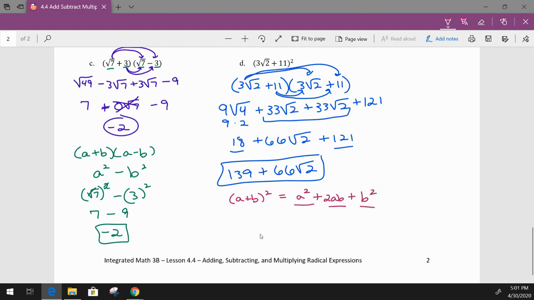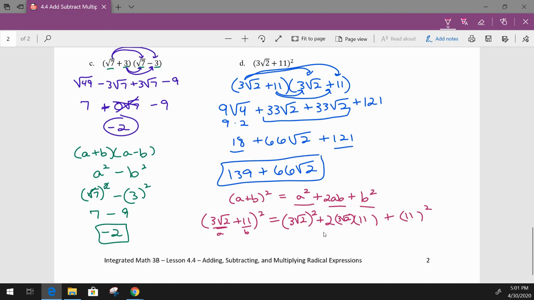So in my binomial, 3 square root of 2 plus 11 that I'm squaring, the a is basically your 3 square root of 2. So if I take that 3 square root of 2 and square it, I'll simplify that in a minute, plus 2 times a times b plus b squared. So a is 3 square root of 2, and then b is the 11. And then again, I'm going to put the 11 here.